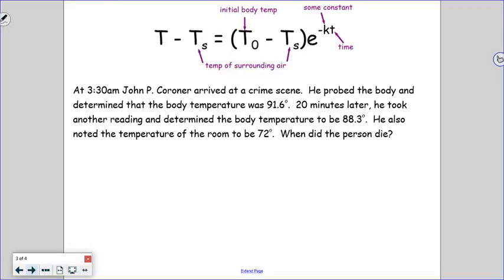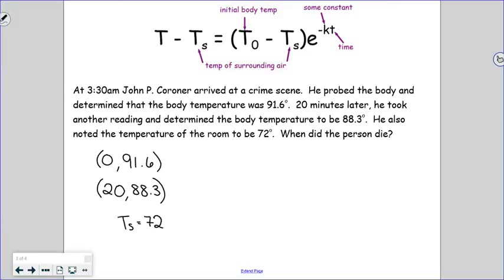So to start this problem, I'm going to let that be at time equals 0, right? Because that's right when he walked in the room. And at that time, the body was 91.6 degrees. Then we move over to time equals 20, and the body was 88.3 degrees. And also keeping in mind that the temperature of the room was 72 degrees.